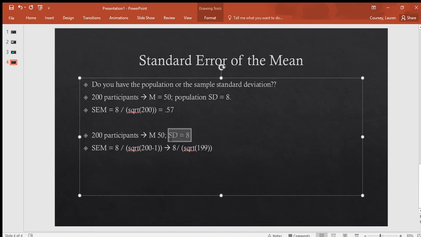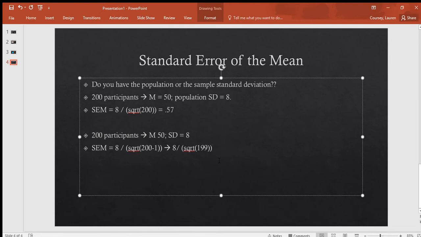Our estimation of the standard deviation, given our sample data, is partially dependent upon this estimation of our mean. So we're attempting to estimate something from an estimation, and we have to account for that in our equation. We don't know the population standard deviation, so we need to account for that in our formula. So we're subtracting 1 from our total N.